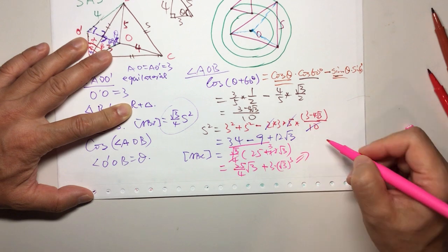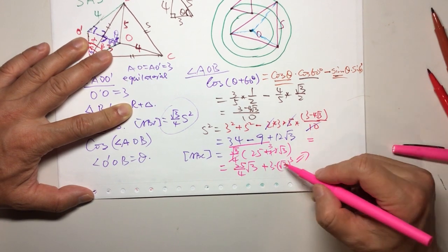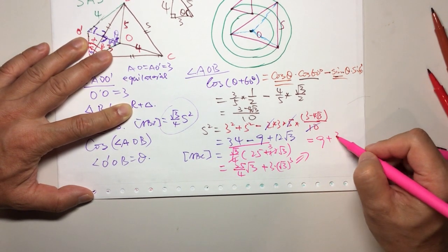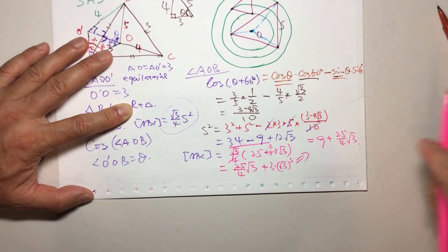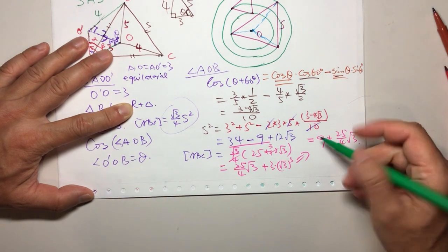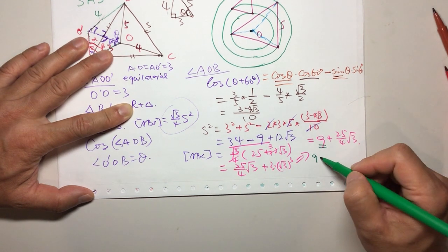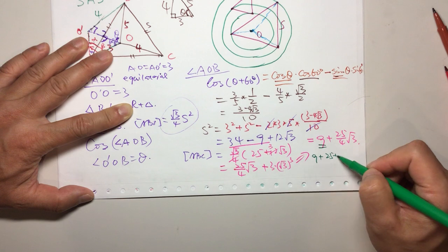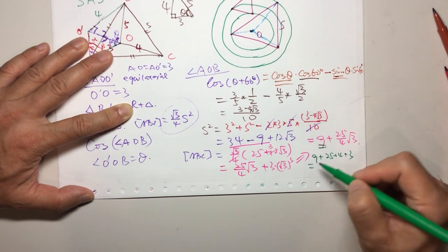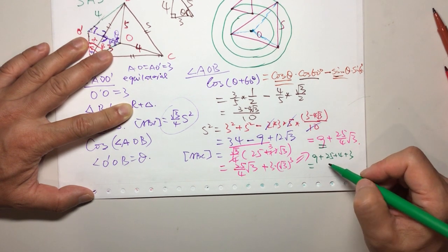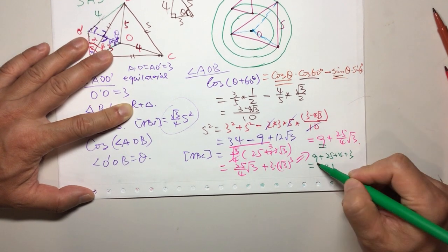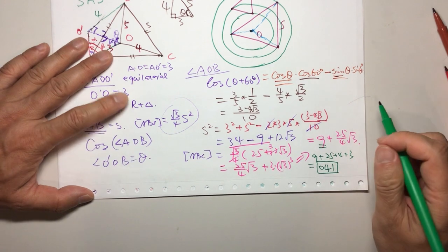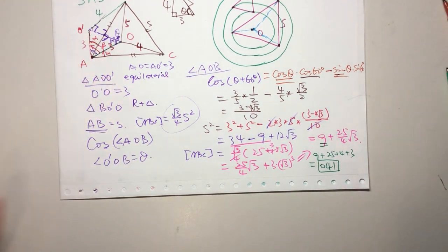So finally it equals 9 plus 25 over 4 square root of 3. So a, b, c, d are 9, 25, 4, 3, so the sum is 9 plus 25 plus 4 plus 3, that's 34, 38, 41. That's the final answer. So done, we got it.